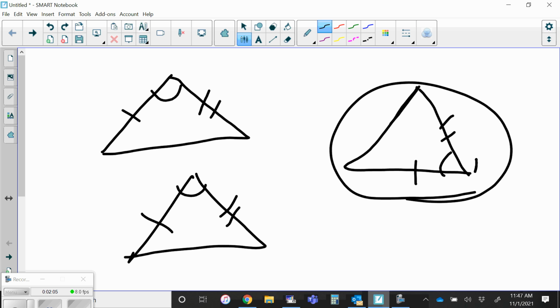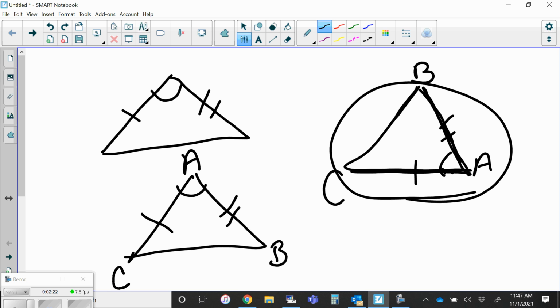So this is A, this is B, and this is C, right? I know this has to be A here. Do you follow me? And then B was on the 2 line with the A, so this has to be B. And C was on the 1 line, so this has to be C. So now it's easier for me to match up the parts. So I like to redraw. Does that make sense?